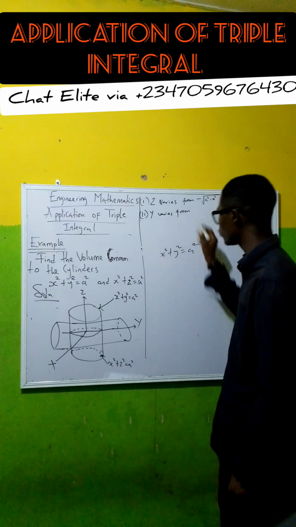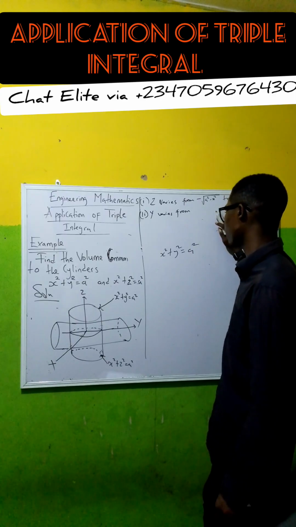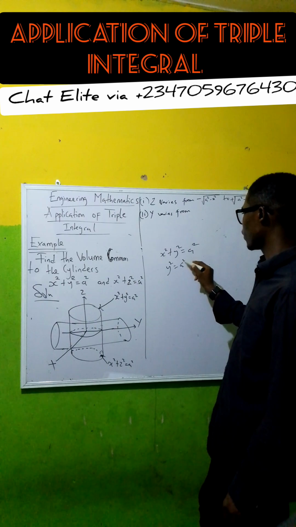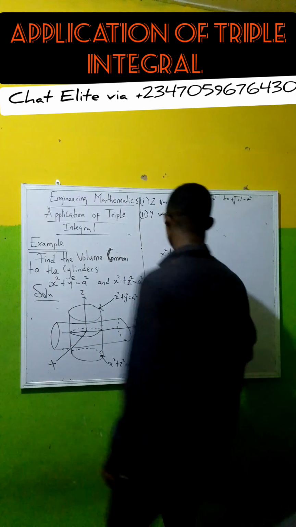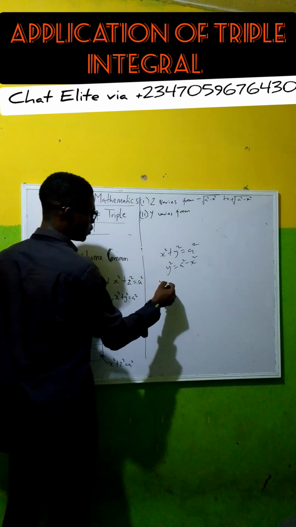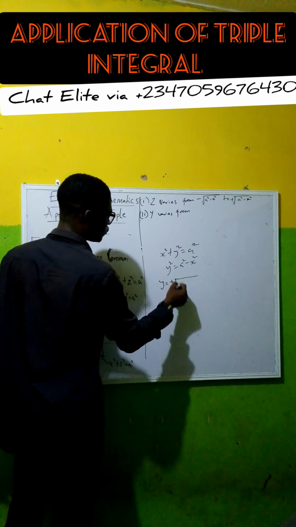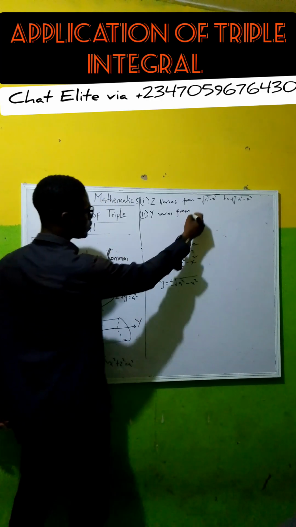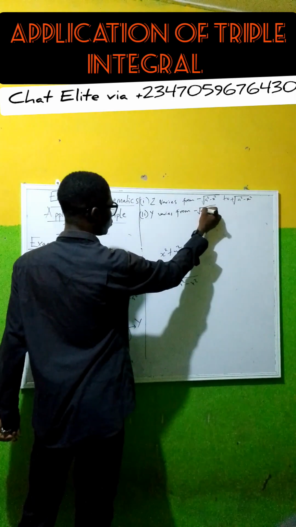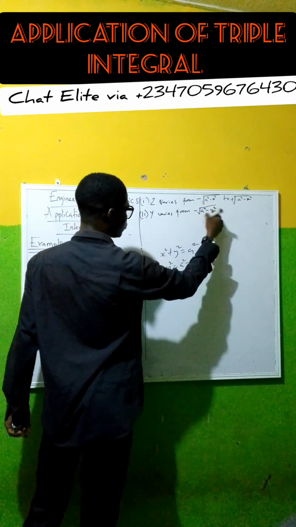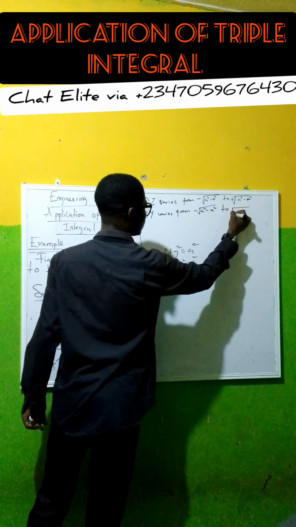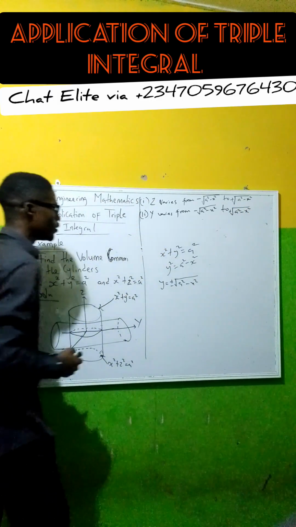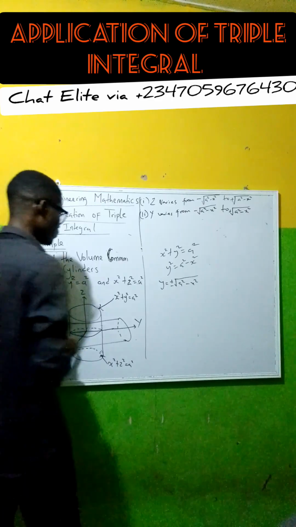We want to look for the interval for Y. So Y squared is equal to A squared minus X squared, so Y is equal to plus or minus the square root of A squared minus X squared, which means that Y varies from minus the square root of A squared minus X squared to plus the square root of A squared minus X squared.